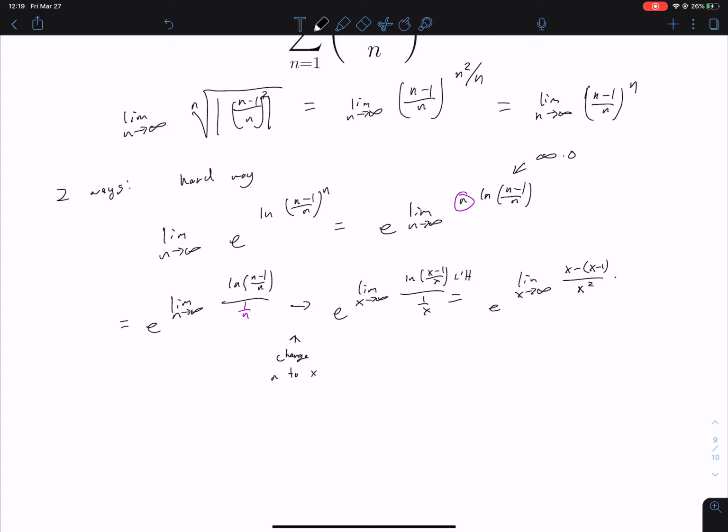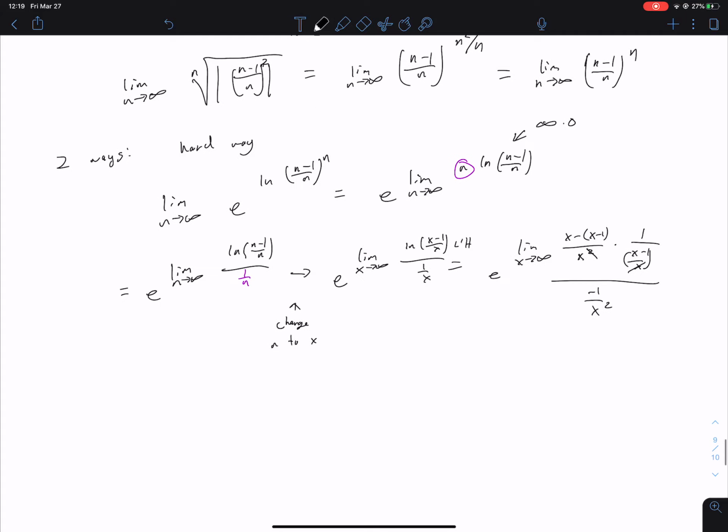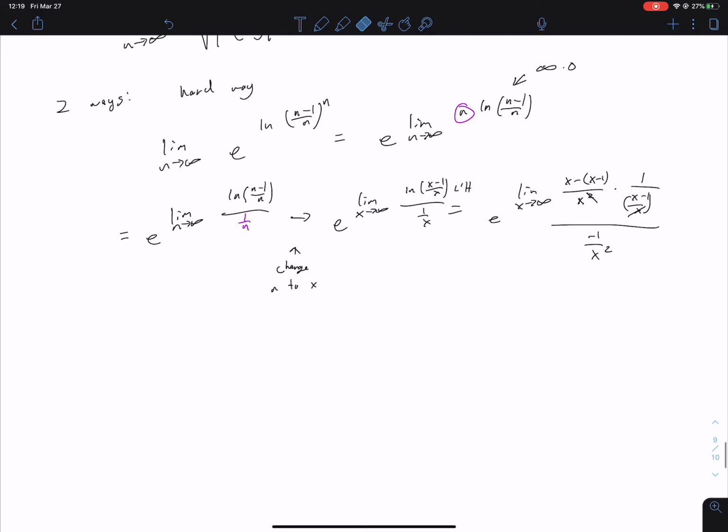Okay, times 1 over x minus 1 over x, all over negative 1 over x squared. So this x will cancel one of these x's. X minus 1 is plus 1.